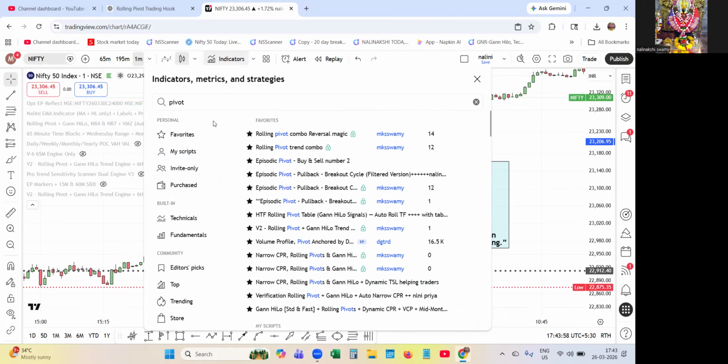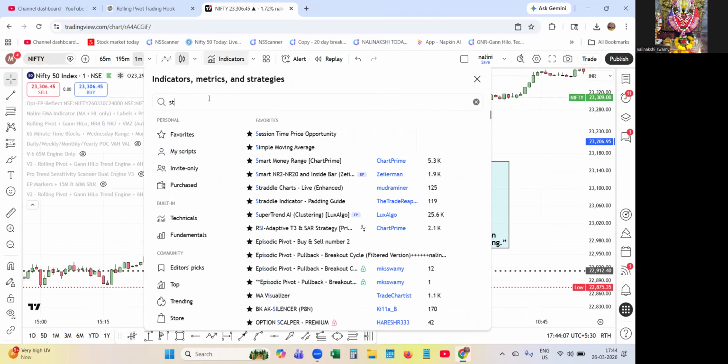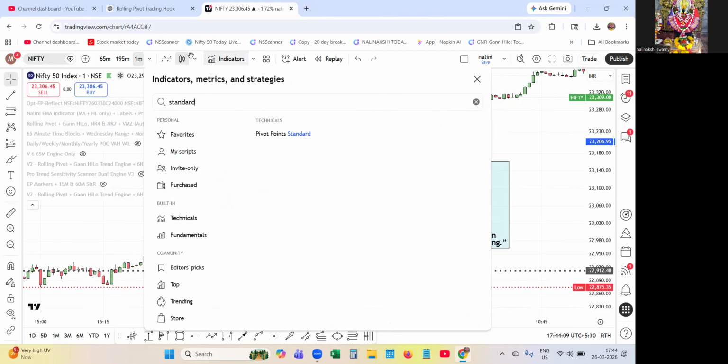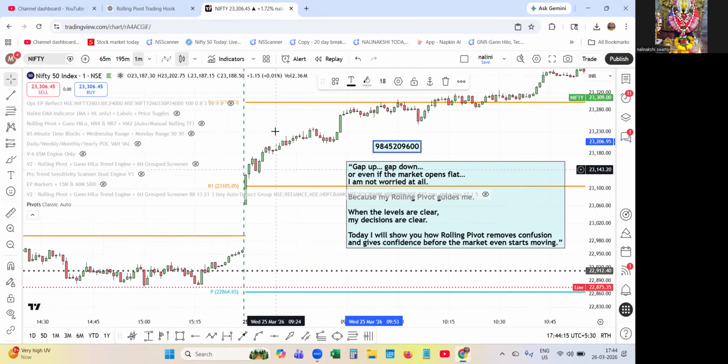I used to use this standard pivot point. When I apply this, these lines will not be there at all.